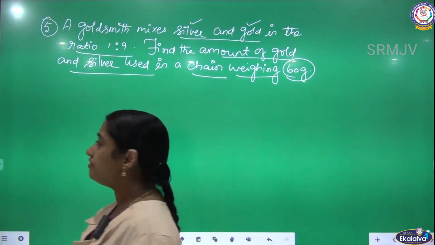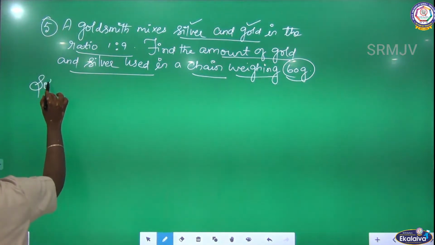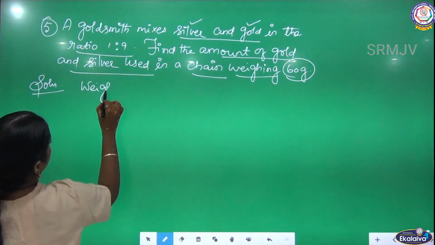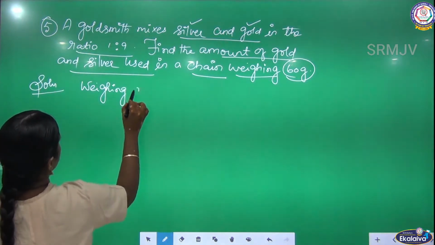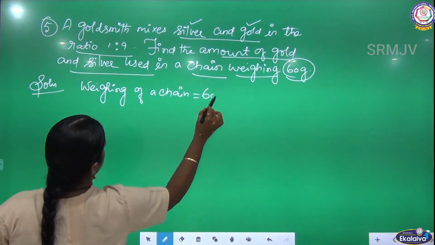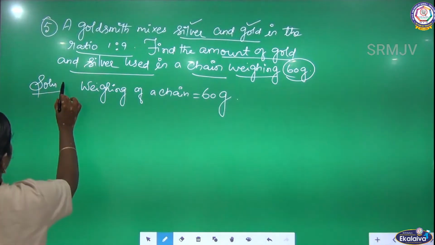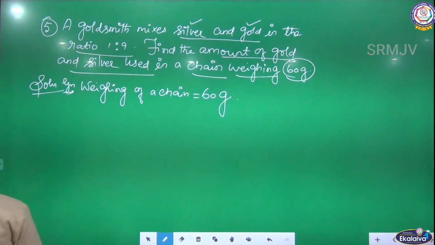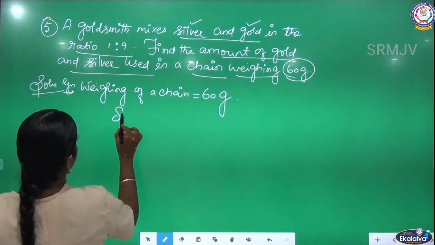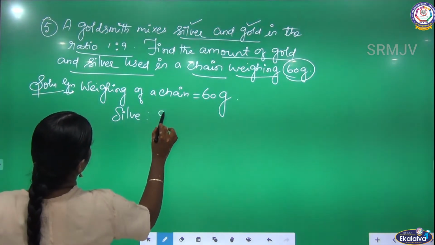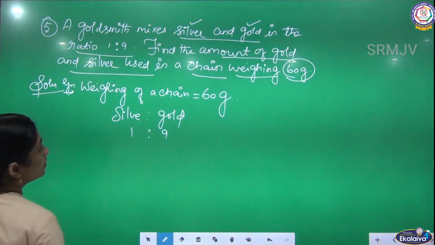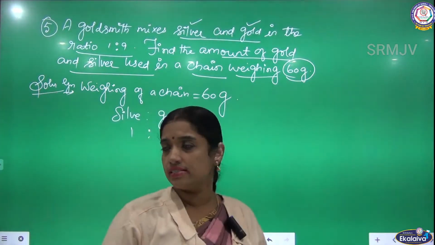So the weight of the chain is 60 grams, which is given in the question. And silver to gold is 1:9. Okay, can you clear this?